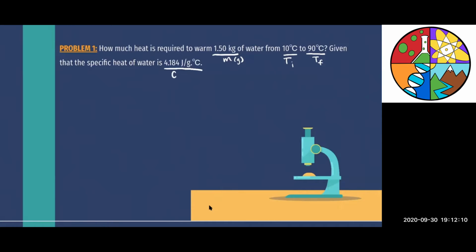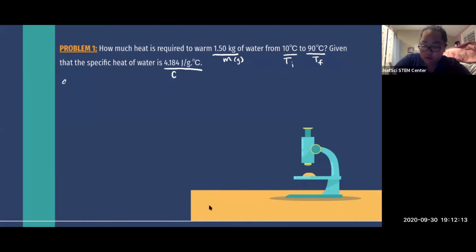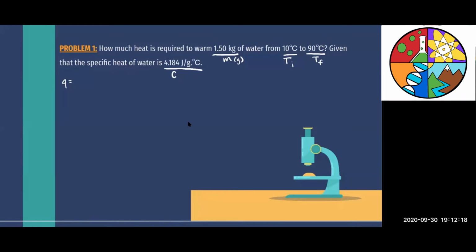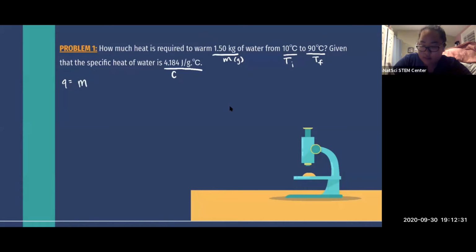Let's write down the equation. Q equals M times C times delta T. What we'll first do is convert your 1.50 kilograms to grams.